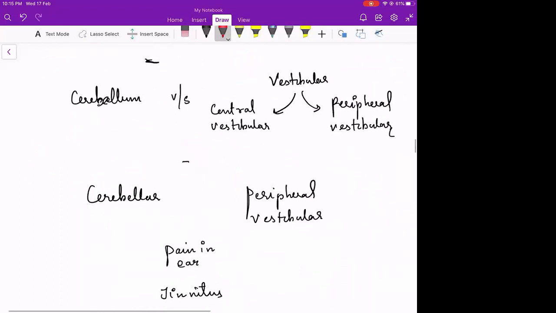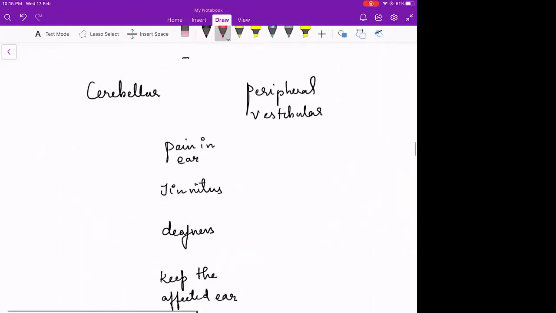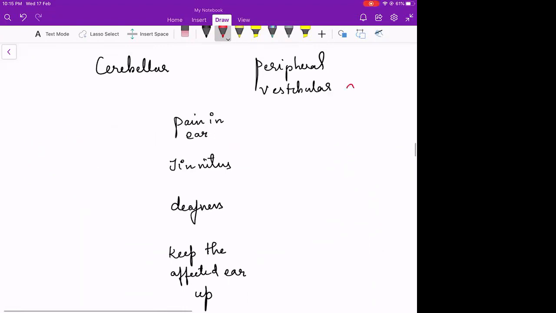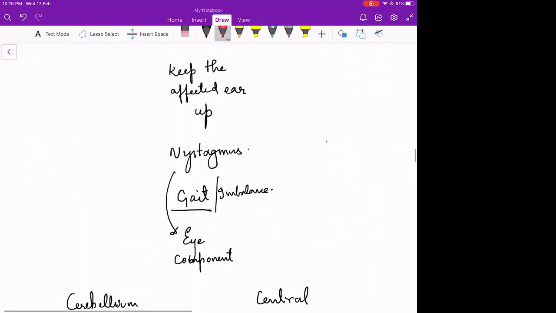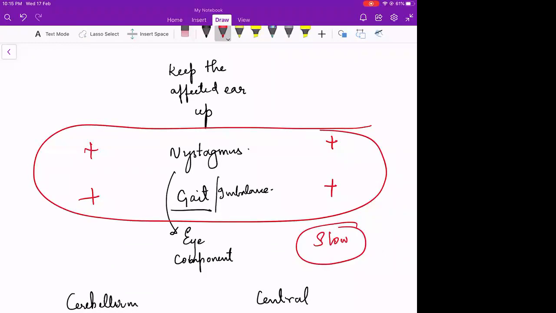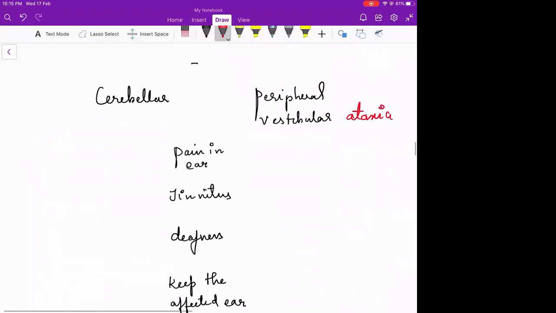Coming to how to differentiate cerebellar ataxia and peripheral vestibular ataxia. Here the patient will have nystagmus and gait imbalance in both of them, and the fast component of the eye movement will be toward the slower side in peripheral vestibular ataxia.